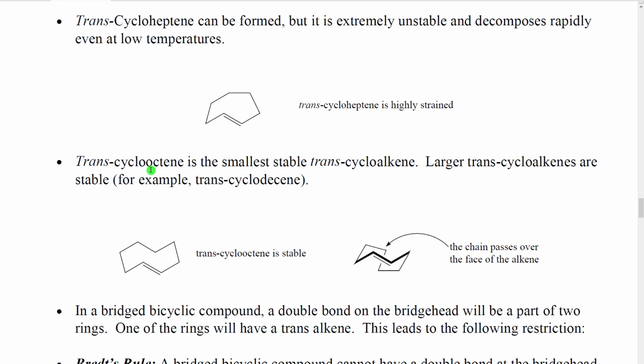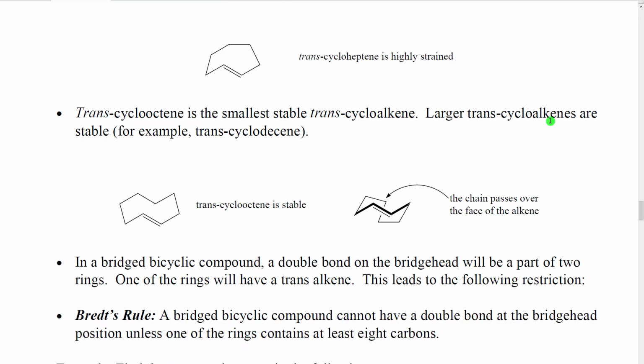Trans-cyclooctene is the smallest stable trans-cycloalkene at room temperature. We can also make larger trans-cycloalkenes because as the chains get larger, it becomes totally possible for that chain to reach across and connect with the chain on the other side of the trans double bond.